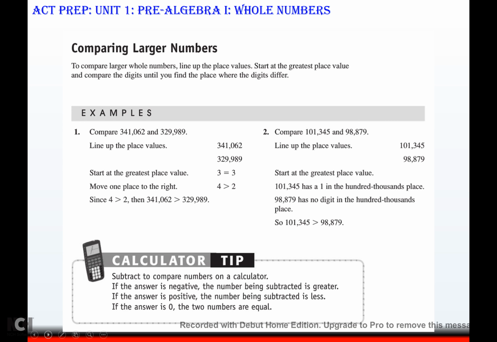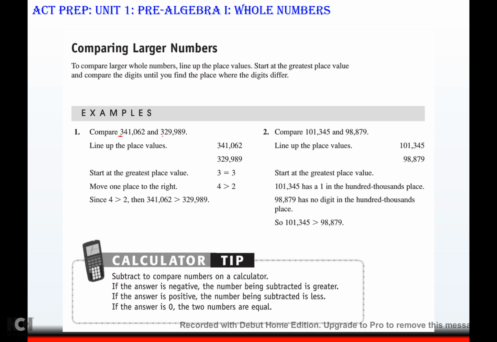Okay, when you're comparing larger numbers, to compare larger whole numbers, line up the place values, start at the greatest place value and compare the digits until you find the place where the digits differ. And then obviously the bigger one gets the alligator mouth. So we're comparing 341,062 and 329,989.